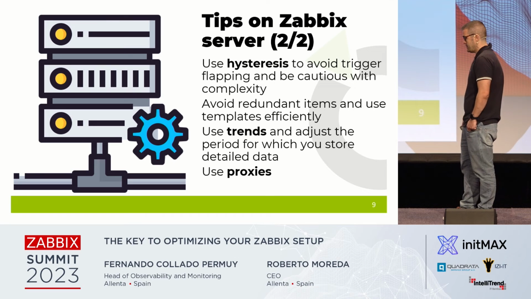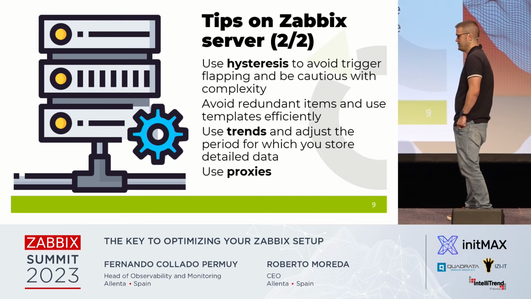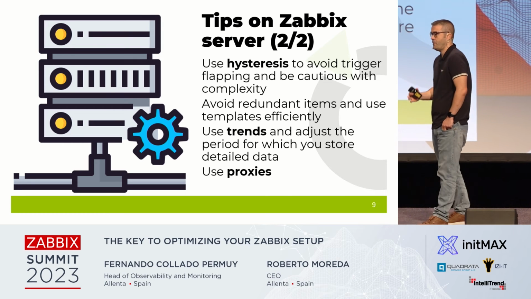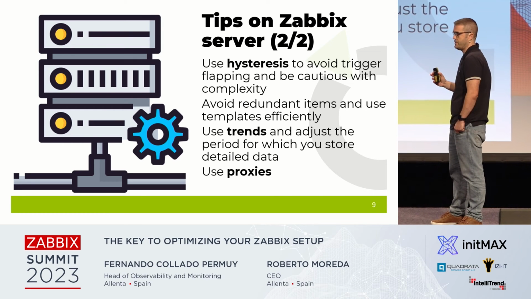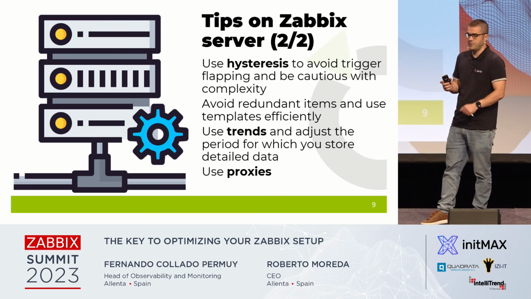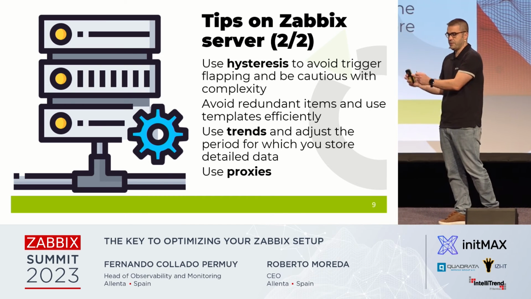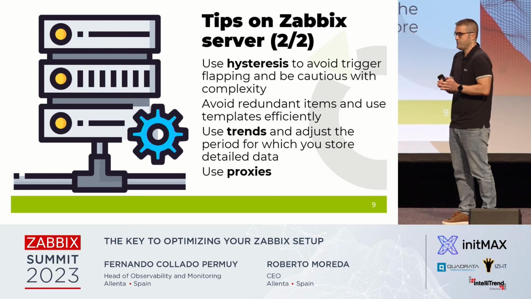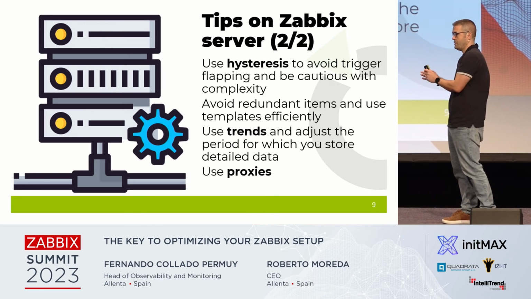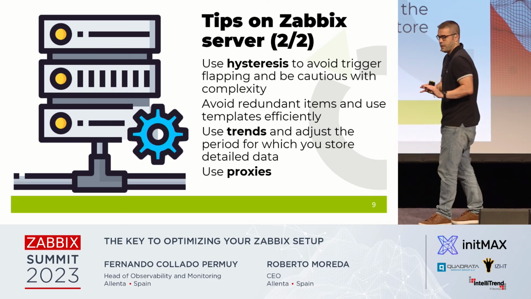The last thing that is, for me, always very, very important is the use of proxies. Even if you have only one Zabbix server, in our experience it is very useful to have a proxy behind this Zabbix server, and let the Zabbix server do the server job and use the proxy only to get all the metrics, keeping that work away from the server.